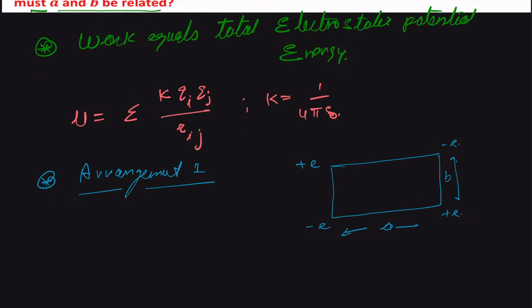And we can easily find out the distance between these two. That will be the square root of A square plus B square.